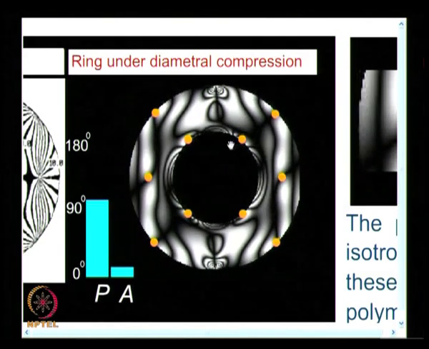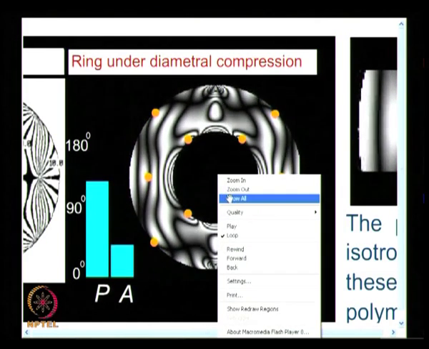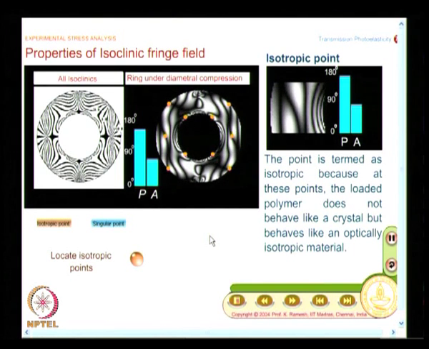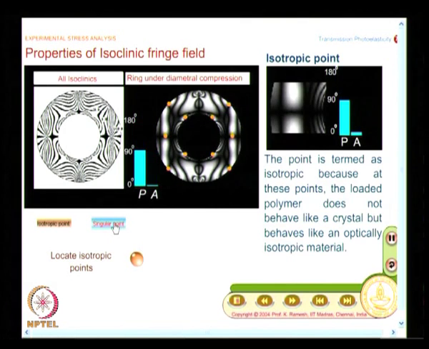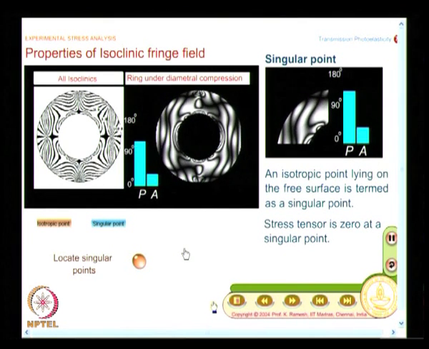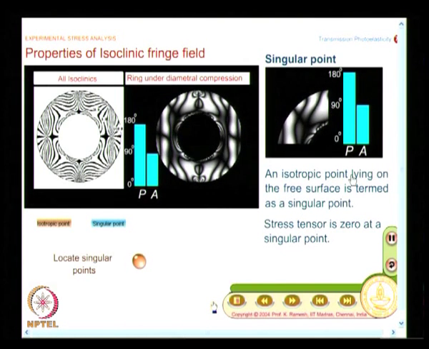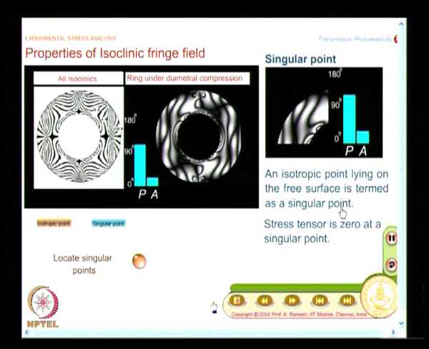And so, I have 10 isotropic points that have been identified, and we also sub-classify. What you look at here is when I have an isotropic point lying on the boundary, I will label it by another name. I will call it a singular point. So, what we say is an isotropic point lying on the free surface is termed a singular point.